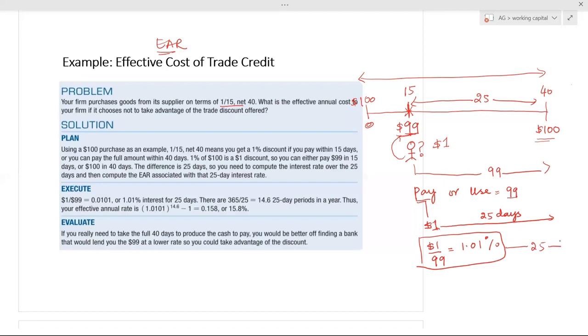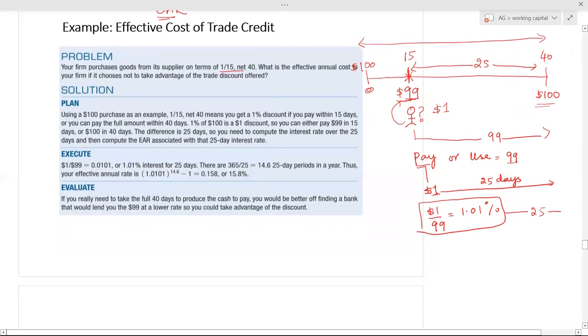This return is for 25 days and we need to convert it to an annual rate. But before we do that, you need to understand something. Let's say you are thinking to pay, but since you have already taken the credit sale, you don't have cash. So what you can do is borrow from a bank.